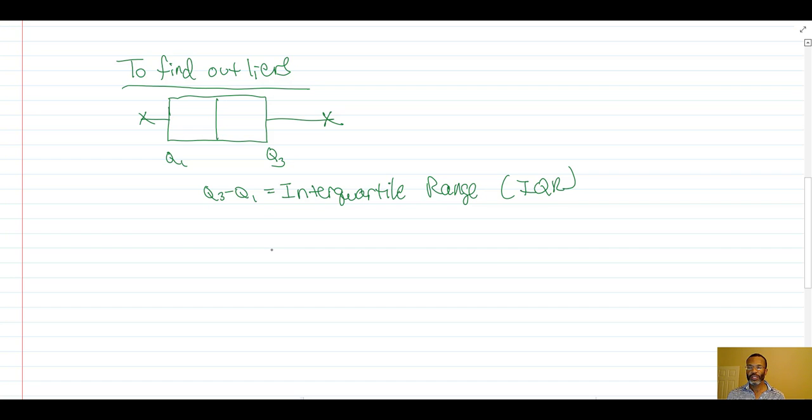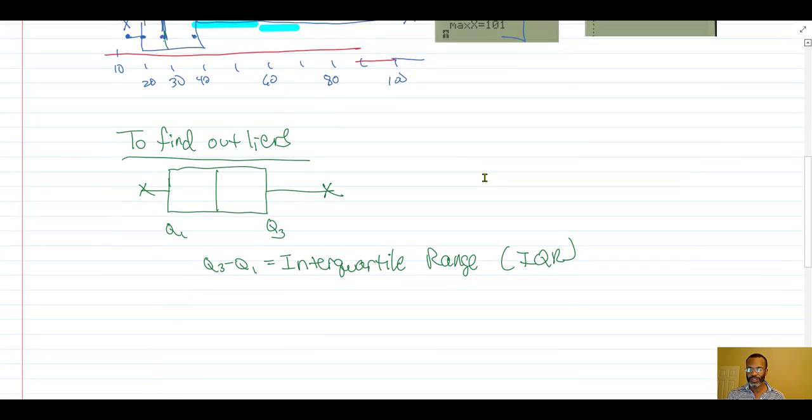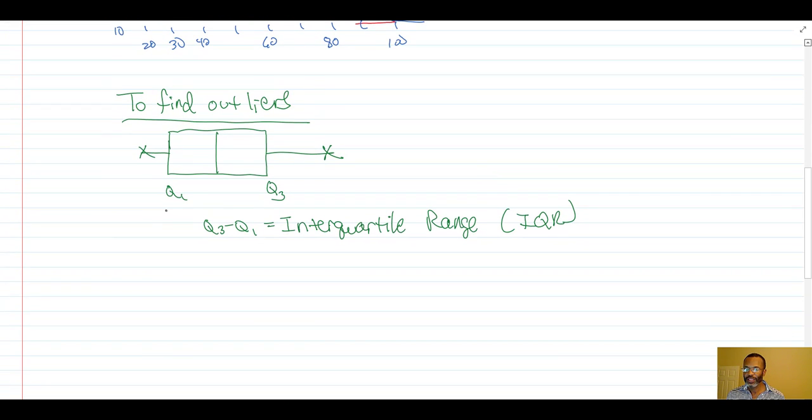So the interquartile range, let's see, Q1 was 17, Q3 was 39. So we had these two values of 17 and 39. So the IQR was just simply Q3, the one on the right, minus the one on the left, or 39 minus 17.